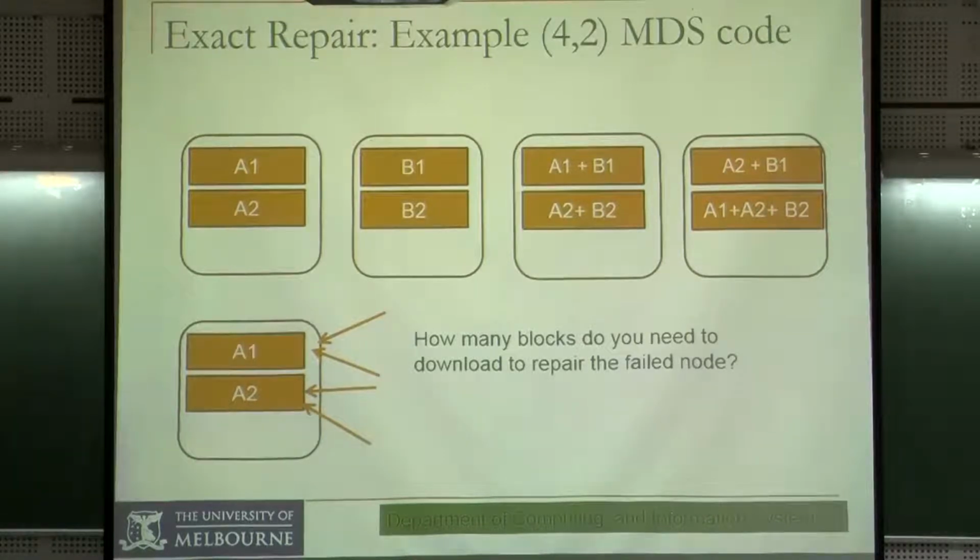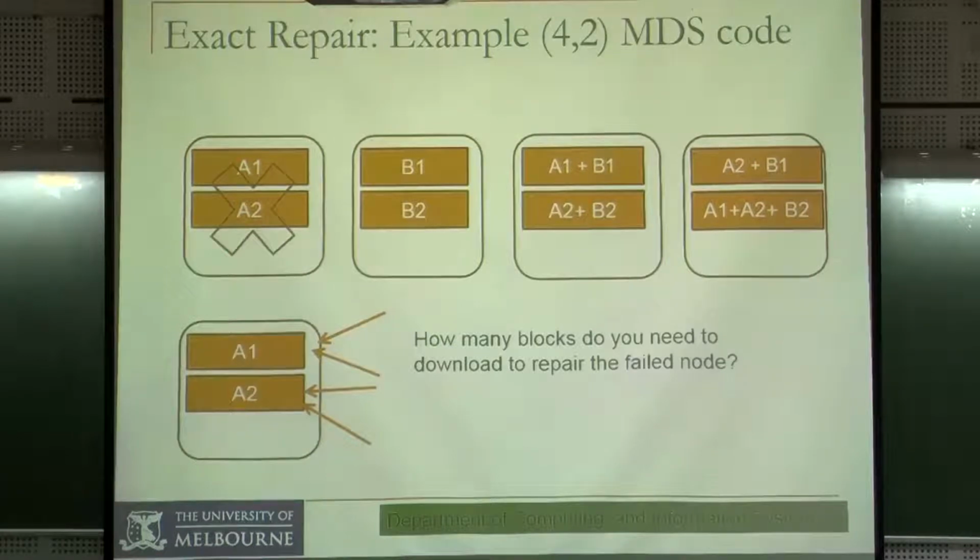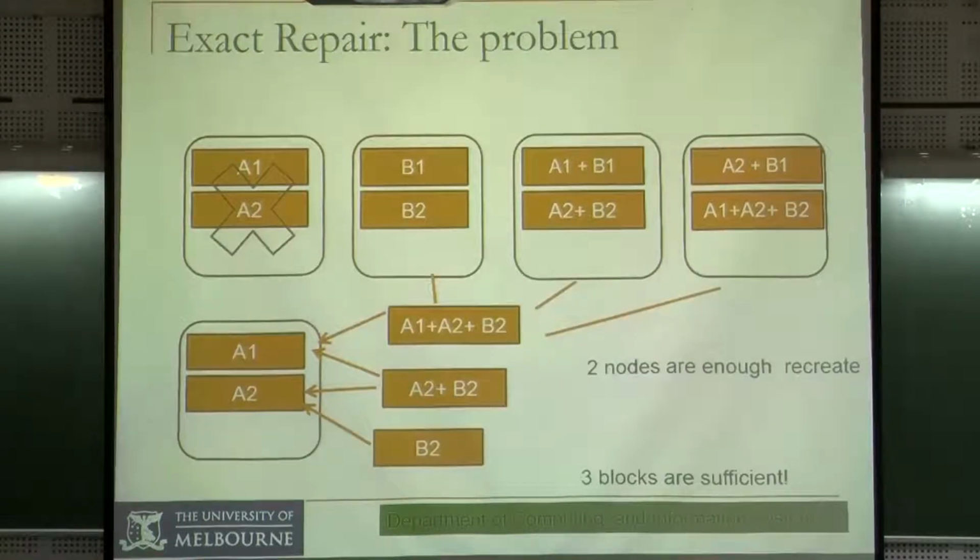That's the idea that came up. So for example here, one node has been deleted and you want to recreate it. How many blocks do you need to download? You can see that I can ask the first node for A1 by using these 2.